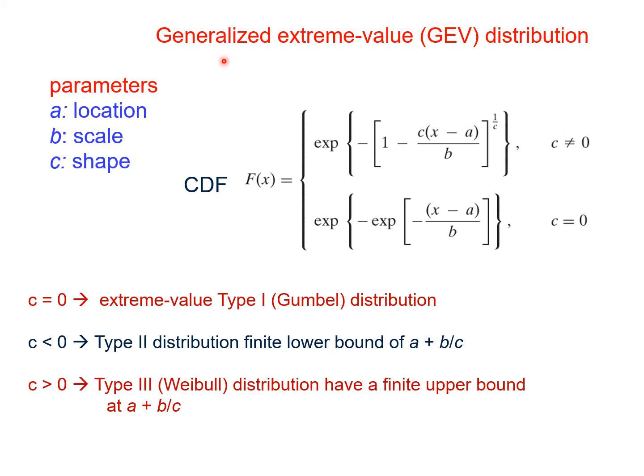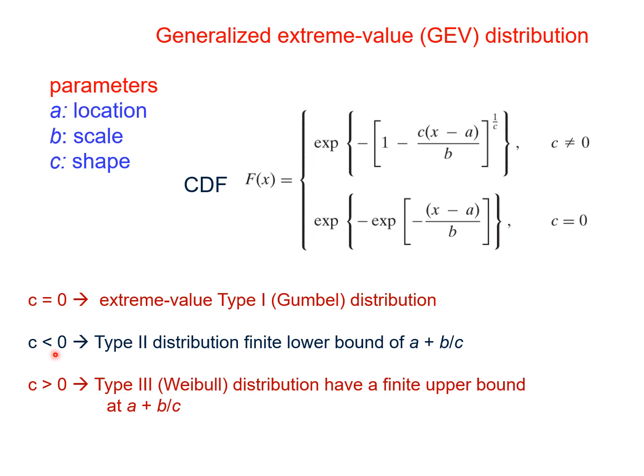The generalized extreme value distribution is one of the highly used distributions in hydrology, and it is called generalized extreme value because with different values of c, you can get a different distribution. When c equals 0, it becomes the extreme value type 1 distribution or Gumbel distribution.